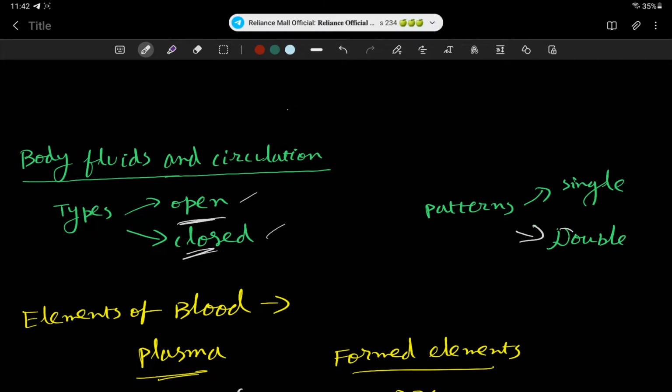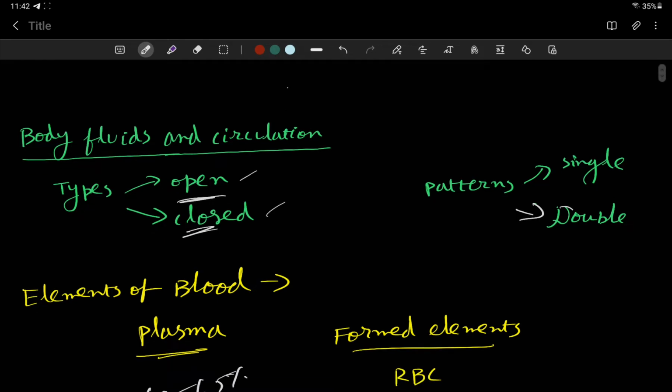But in the next type, there is an organ that pumps the blood or fluid throughout the body, and there are arteries and vessels covering the whole body. This is the basic difference between these two.